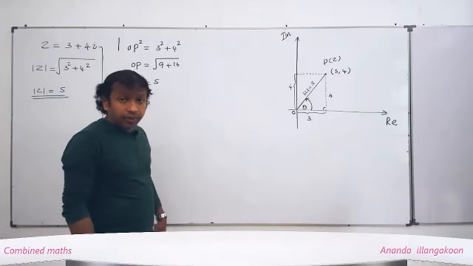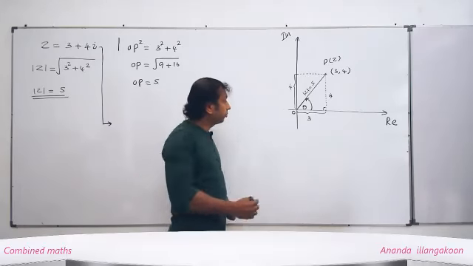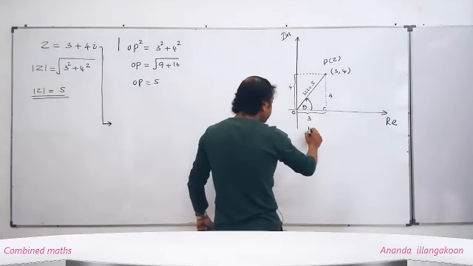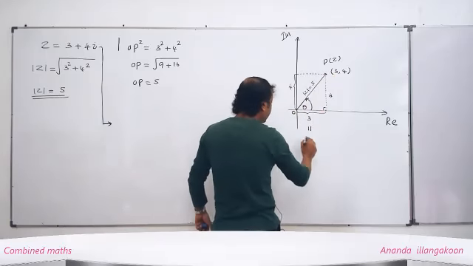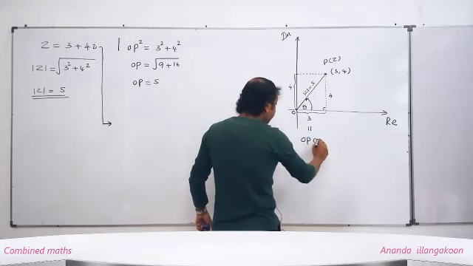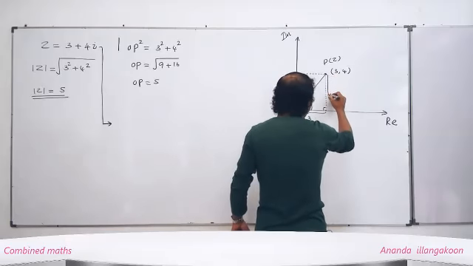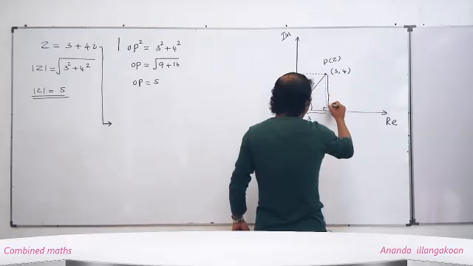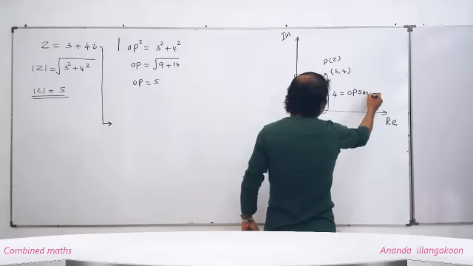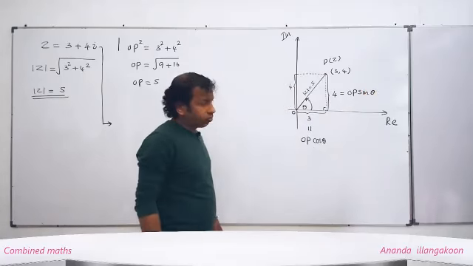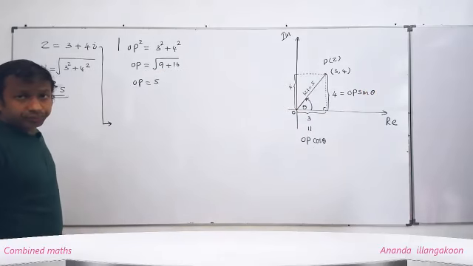Right. Now, people, you can write this 3 using this length: OP cos theta. This 4, you can write as OP sin theta. 3 is OP cos theta, 4 is OP sin theta.